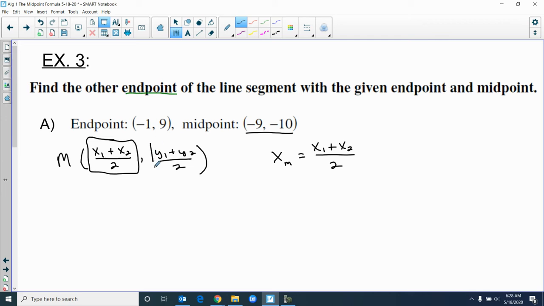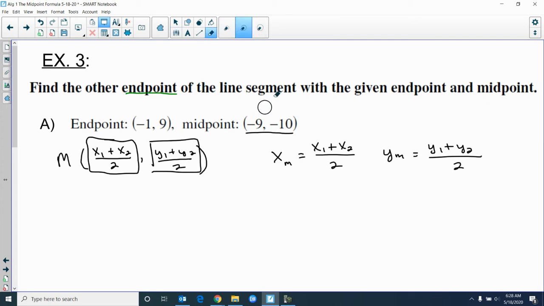And this is the y coordinate of the midpoint. So y sub m equals y1 plus y2 divided by 2. Well, I know the x coordinate of the midpoint. That will be x sub m. And I'll call this x sub m, y sub m.